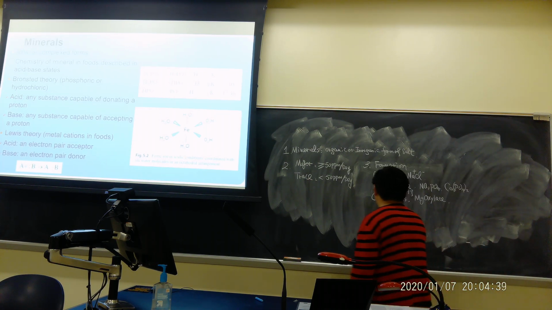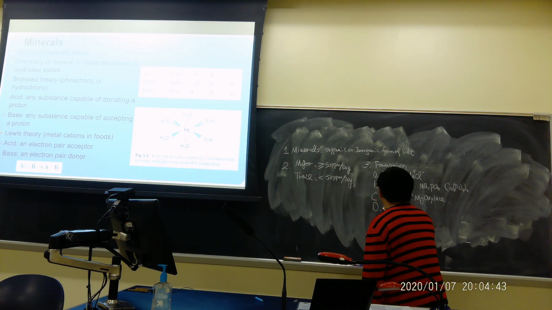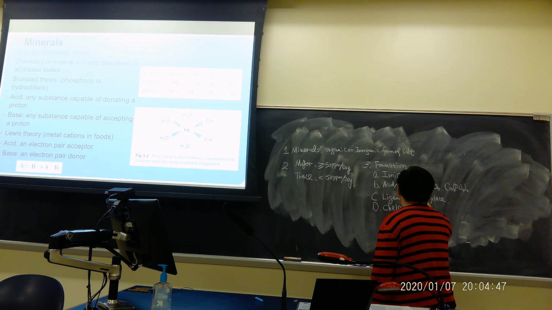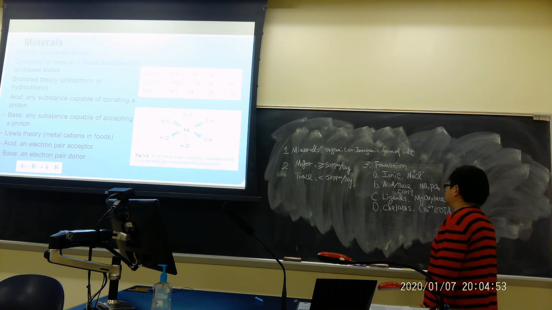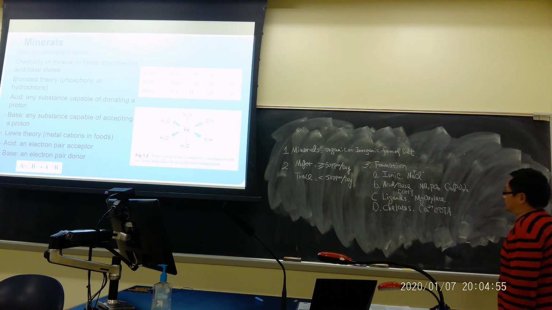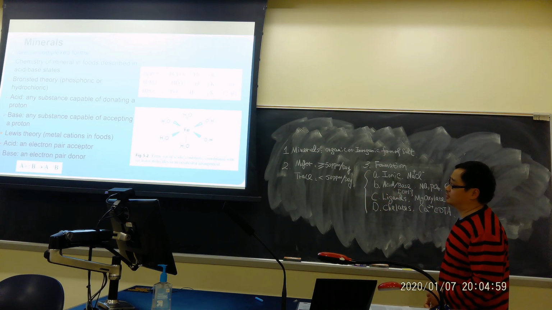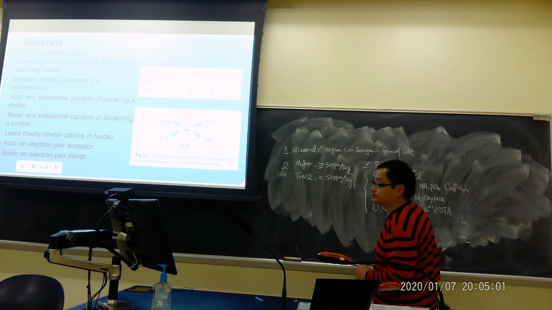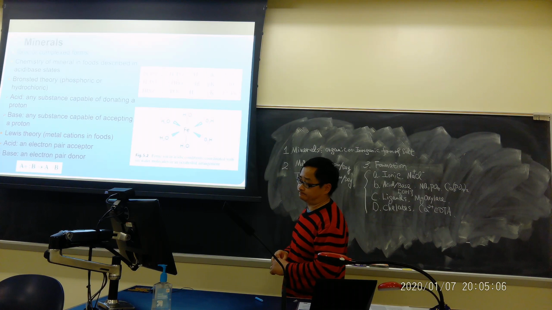The last one: if multiple ligands combine together, they become chelates, let's say calcium EDTA. So basically, these are the 4 different types of the formation of the minerals in food products, and then we'll briefly introduce each of them.